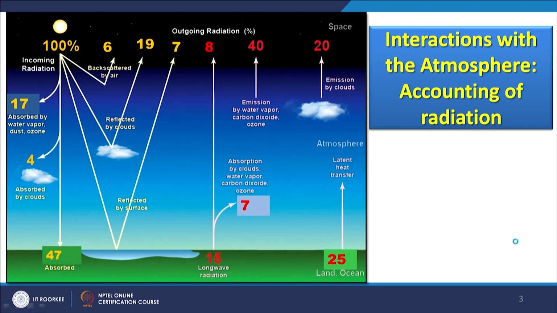This figure we used in very early stages of this course, and it shows the interaction with the atmosphere, an accounting of radiation. As we know, between earth and sensor there is atmosphere, and sometimes there might be clouds which absorb and also reflect, and the clouds themselves may emit energy.